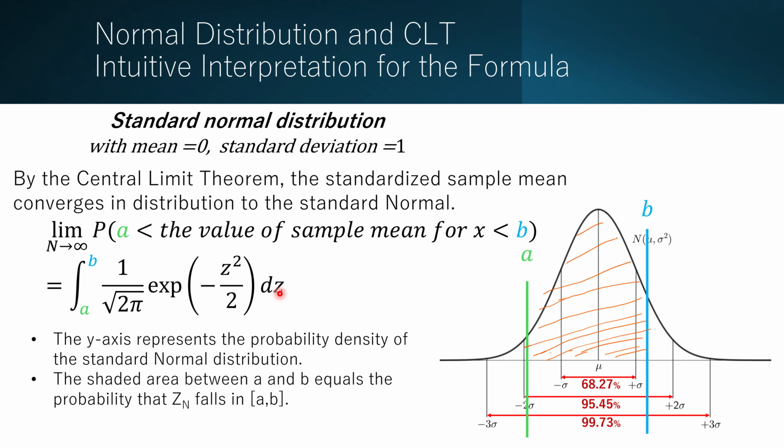So we can use a normal table to find probabilities, for example, the chance that the sample mean lies between two values, A and B. The shaded area under the bell curve shows that probability. This is the mathematical reason why we can use z-scores, confidence intervals, and p-values in real research.